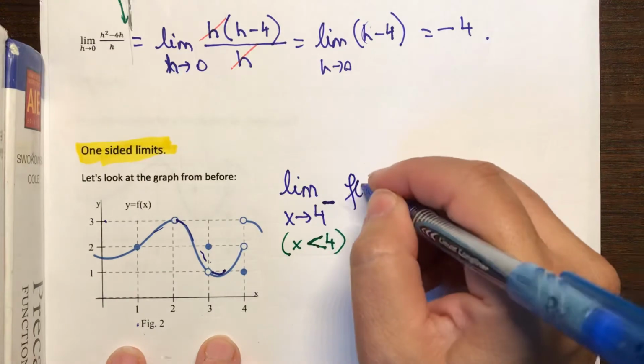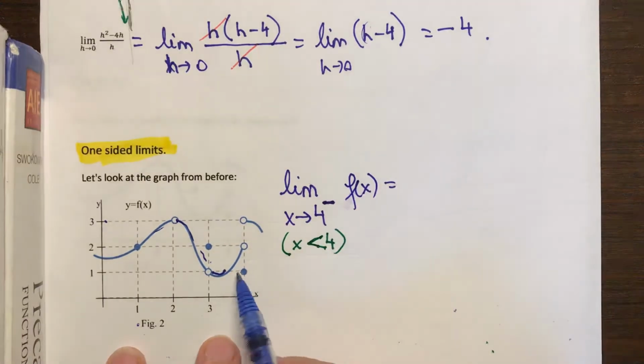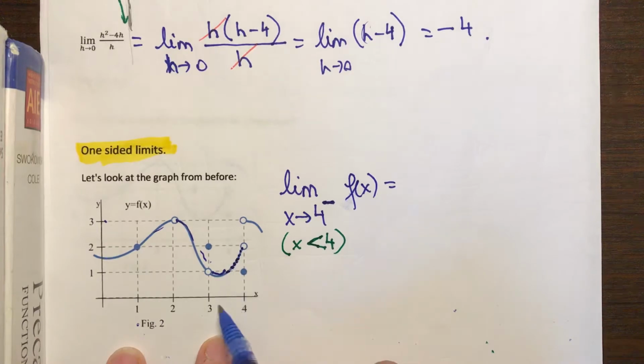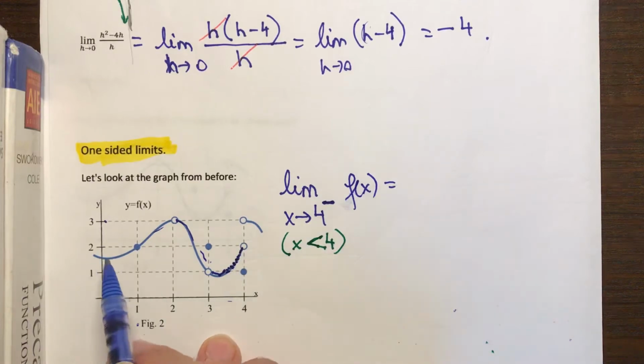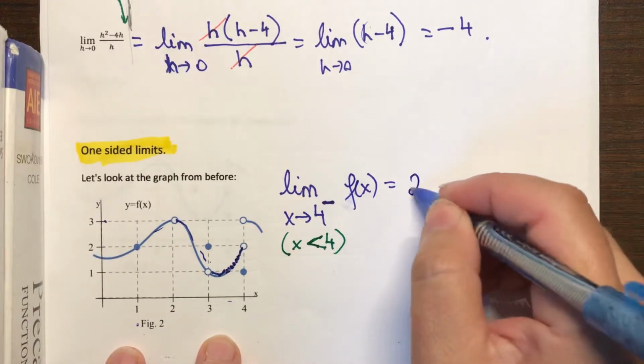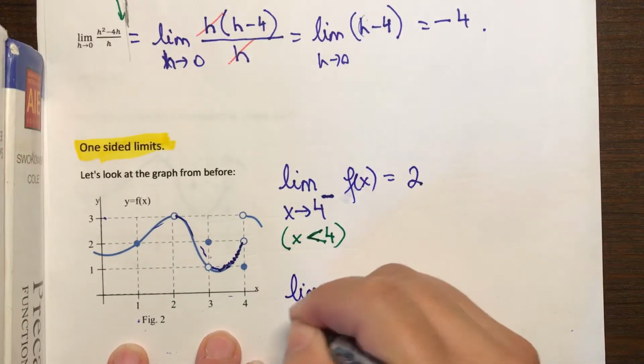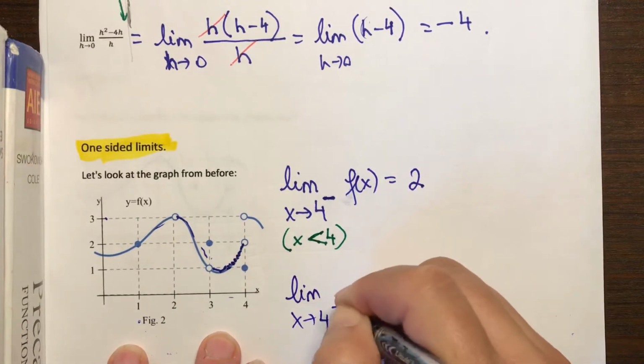What happens with this function is I'm only getting close to 4 with lesser values, so before 4. So clearly, if I'm only looking at this one-sided limit, the y values are getting closer and closer to 2.